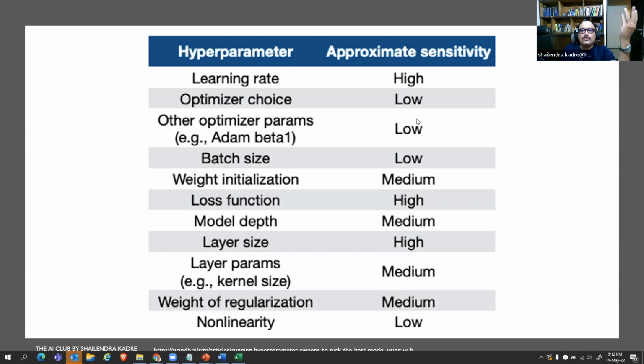So the top things to vary are your learning rate and layer size. Layer size means number of neurons in the layer. And maybe you want to vary number of layers also. That also is a determining parameter of neural network architecture. So these 2-3 things are there to vary.